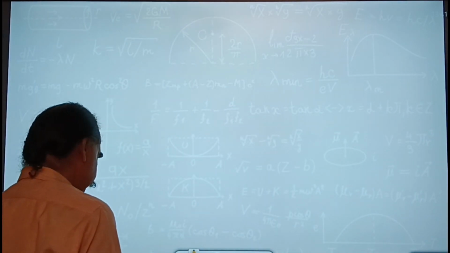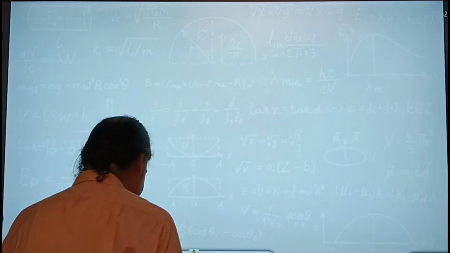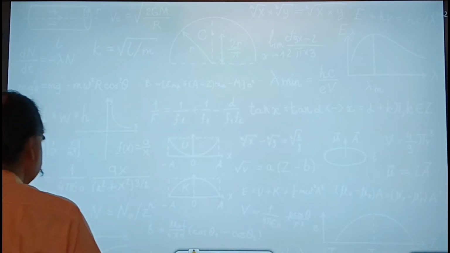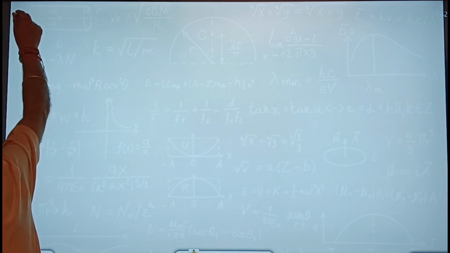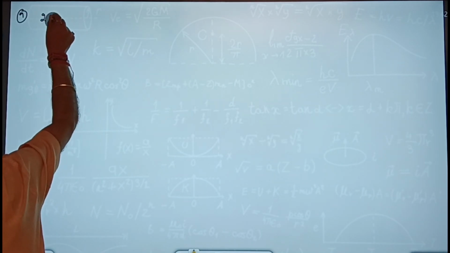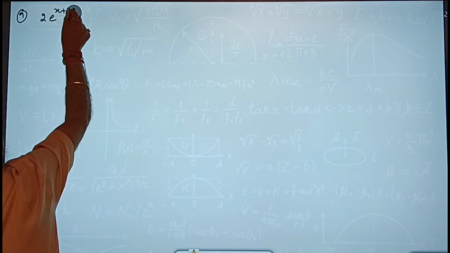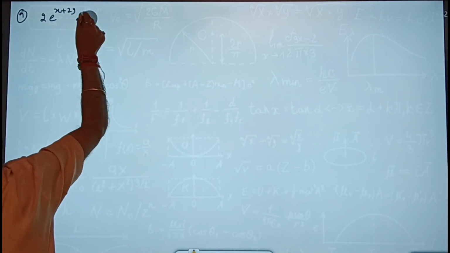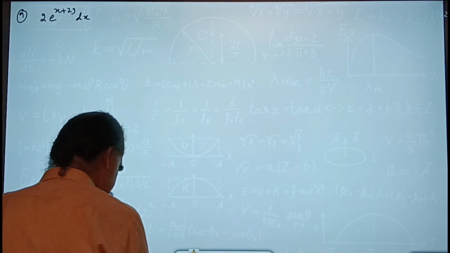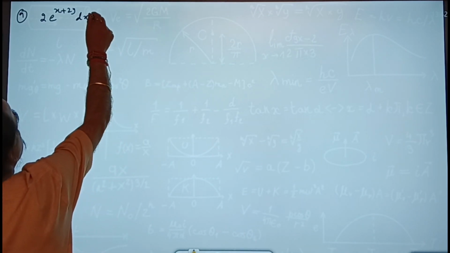Next is 2 e raised to x plus 2y dx minus 3 dy is equal to 0.